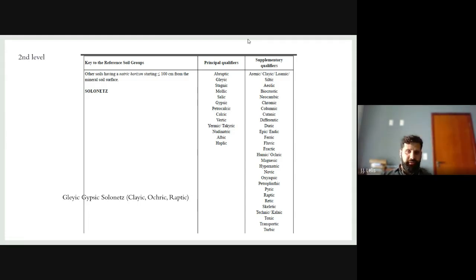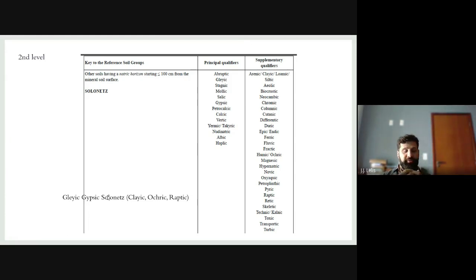So we just need to check the alphabetic order and insert the information here using commas. So for this specific case, we finish the classification of the soil. We insert the principal qualifiers, the supplementary qualifiers, and the name of the reference soil group. Okay? So it's not hard to understand.